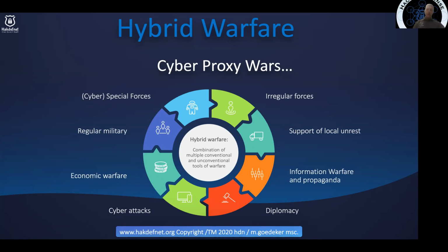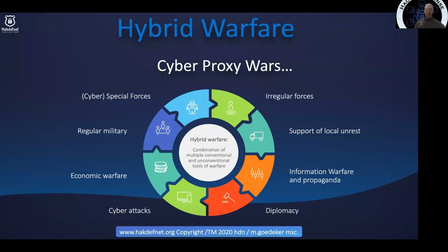It's also a fairly cheap means of waging hybrid warfare in what we are now calling episode 2, or the cyber proxy wars. What this means is all these different things in the hybrid warfare chain are slowly being outsourced more and more to cyber crime syndicate groups, which makes it almost impossible to find out who the actual nation state is.